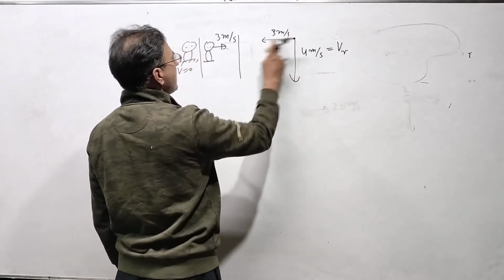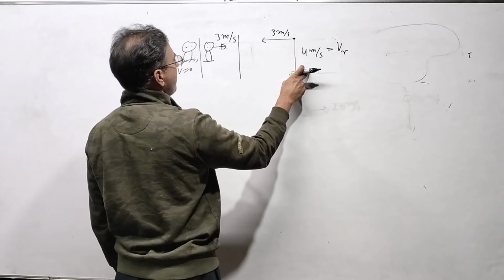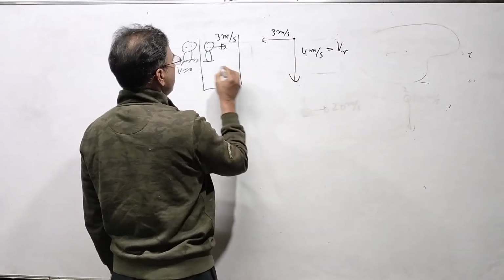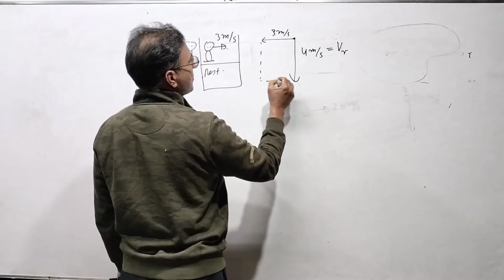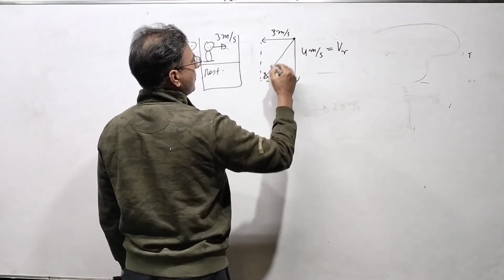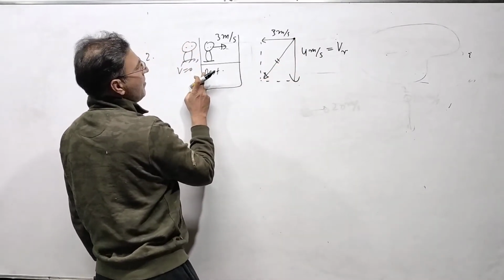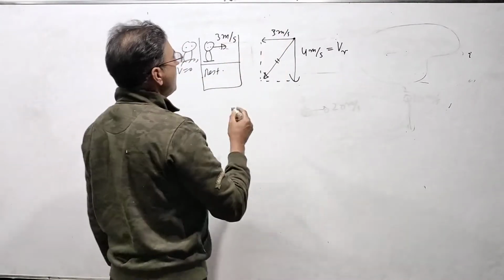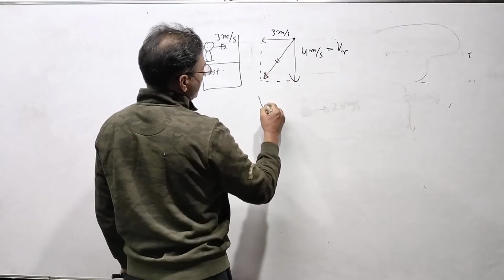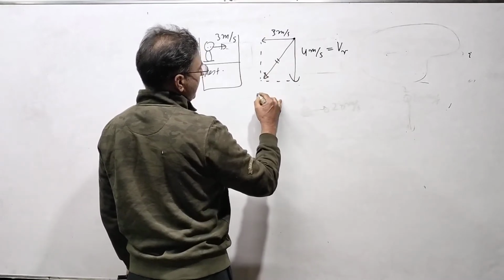Now rain has 2 velocities for him, this and this, and he comes to rest in his frame. So this is the resultant velocity of the rain for him now. He will receive the rain like this. So what is the velocity of the rain for the running man?